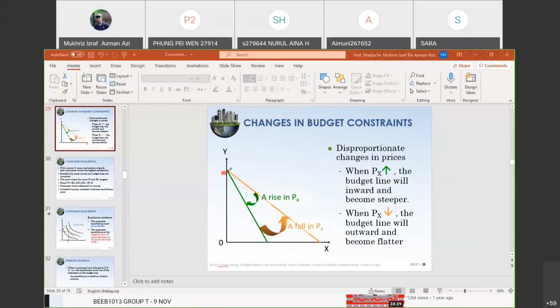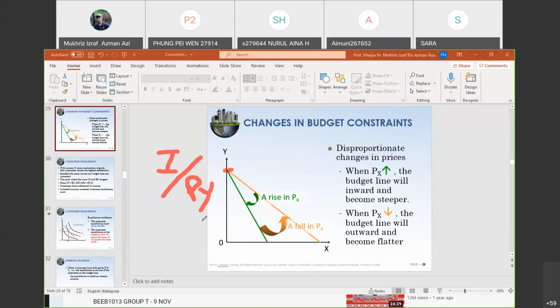So basically, the function of your budget line is income I equals PX times X, the price of X multiplied by the quantity of X, plus the price of Y multiplied by the quantity of Y. So by definition, this point is equal to income over PY, meaning that you spend all of your income on good Y. So this quantity here will be equal to I over PY.